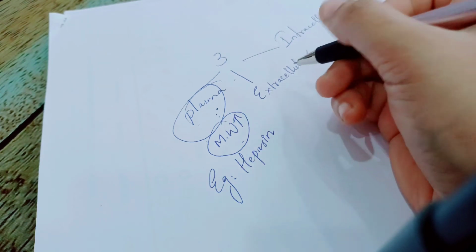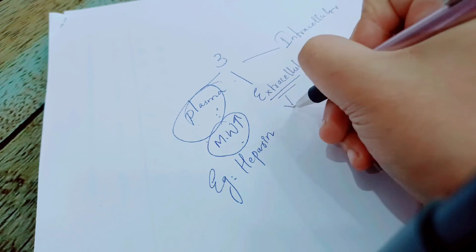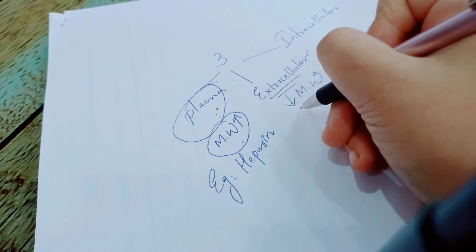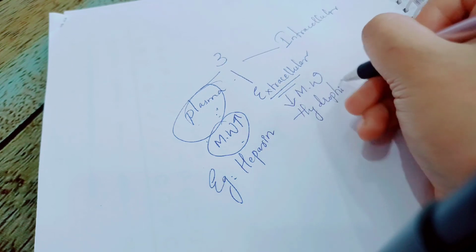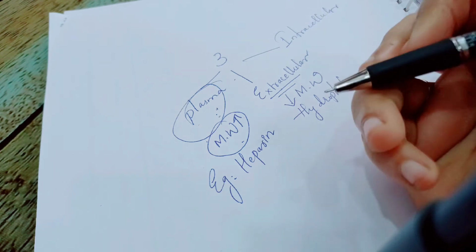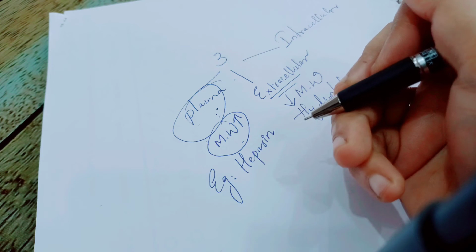Now the next compartment is the extracellular compartment. In this case, the drug has a low molecular weight and is hydrophilic. It can move through the endothelial slit junctions of capillaries to the interstitial fluid.